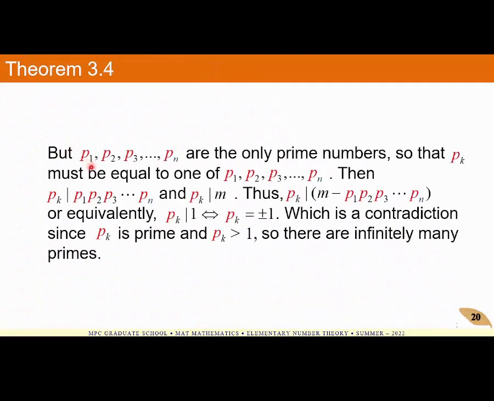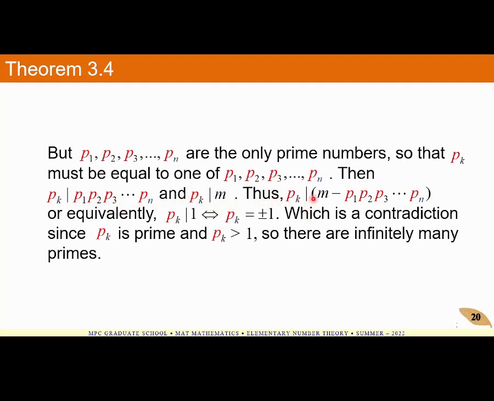But p_1, p_2, p_3, up to p_n are the only prime numbers, so that p_k must be equal to one of p_1, p_2, p_3 up to p_n. Then p_k divides the product of p_1, p_2, p_3 up to p_n, and p_k divides m.